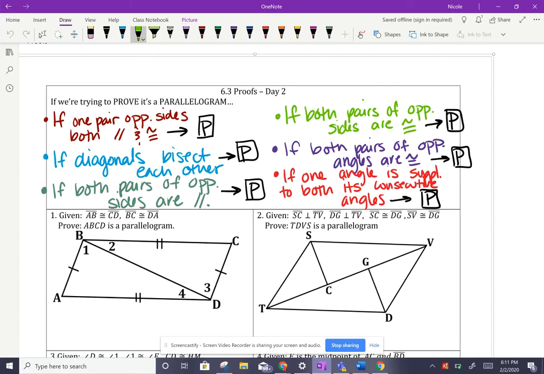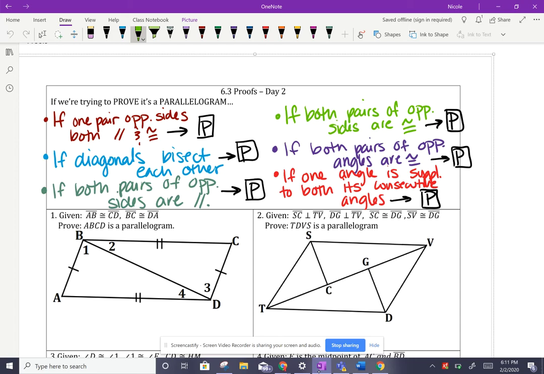So you're going to use things like if one pair of opposite sides is both parallel and congruent, then it's a parallelogram. If the diagonals bisect each other, then it's a parallelogram. If both pairs of opposite sides are parallel, then it is still a parallelogram. If both pairs of opposite sides are congruent, parallelogram.